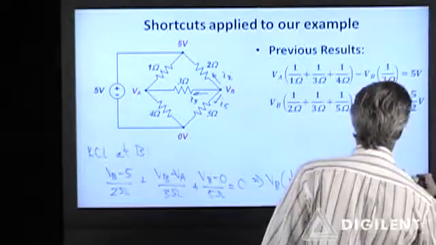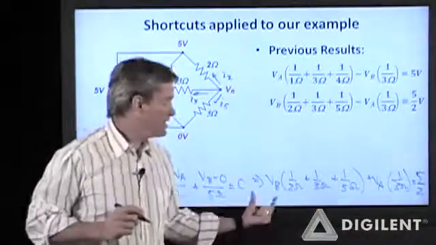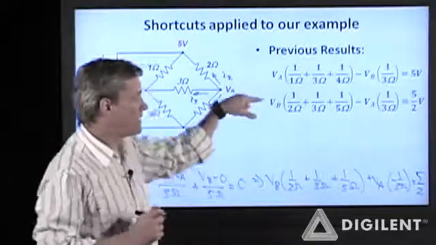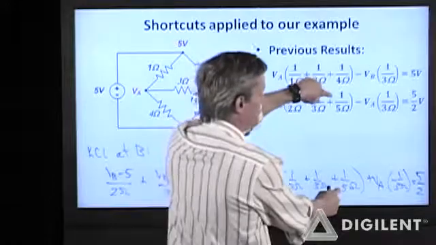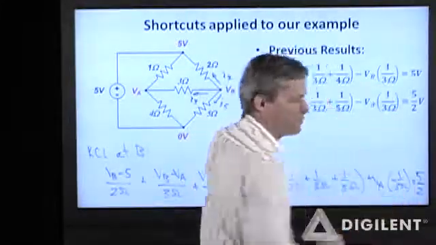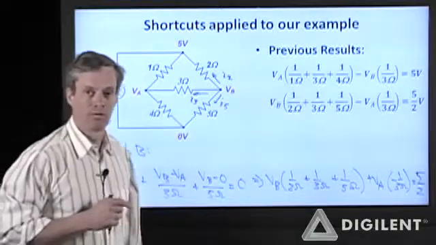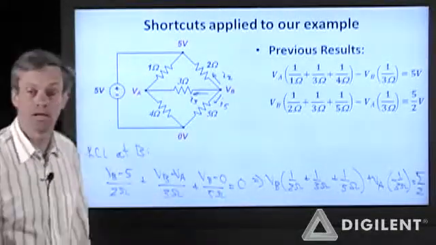Taken to the other side, it becomes a positive 5 over 2. So the equation for node B becomes the same as this one: VB times 1 over 2 plus 1 over 3 plus 1 over 5 minus VA times 1 over 3 ohms is equal to 5/2 of a volt. Okay, the signs have offset themselves. Everything's back to being hunky-dory.